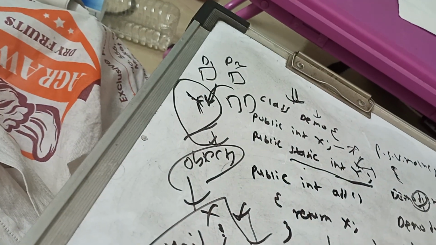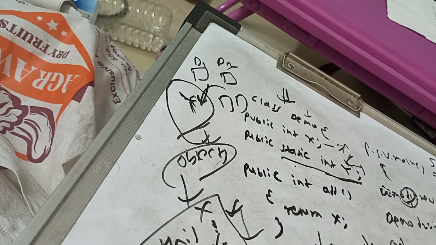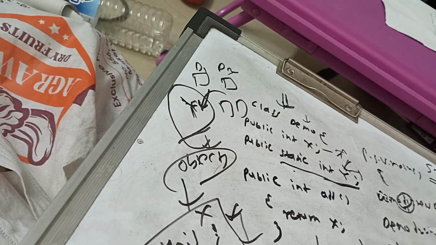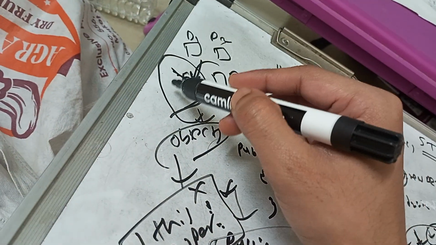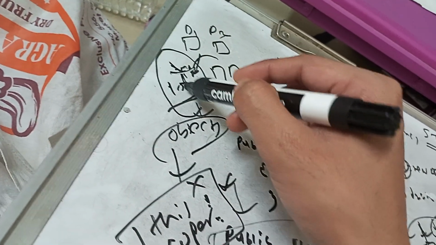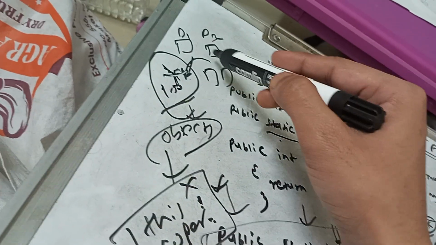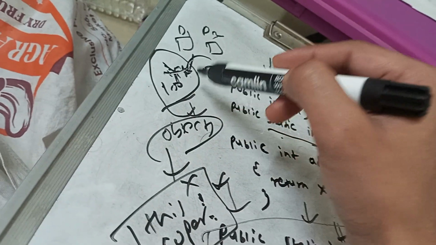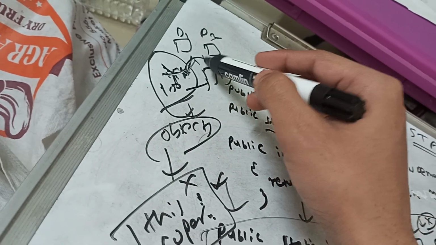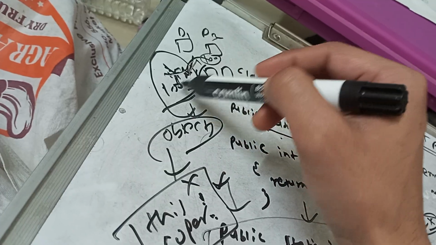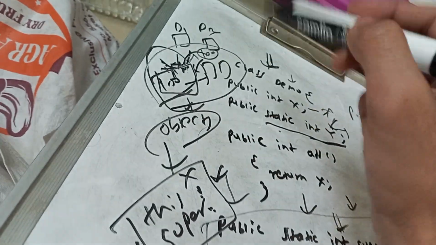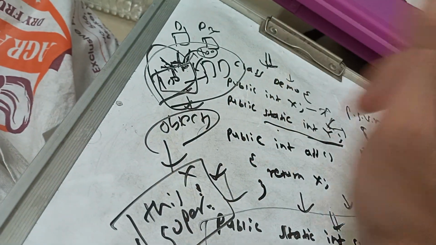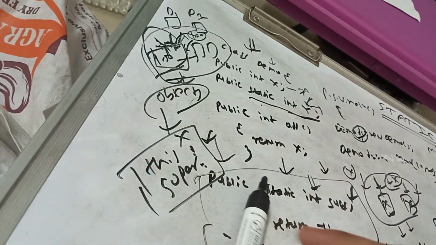That's why I say the static can be shared by all objects of a class. If I modify the y value to 100, then every object will get 100, because it is common and shared by all objects.